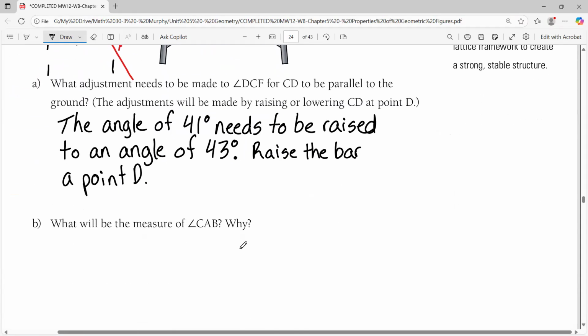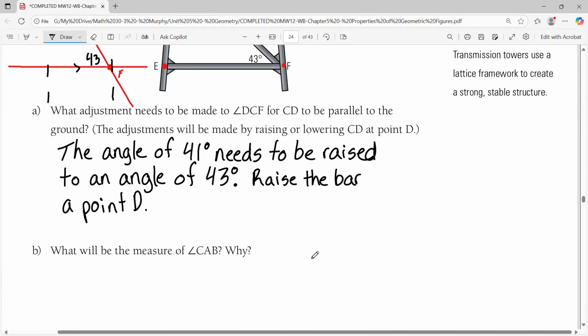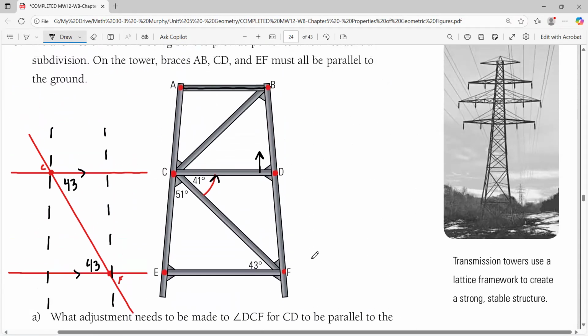Okay, what will be the measure of angle CAB and Y? So CAB, if we trace from C to A to B, that's this one. And the question is, what is that angle? Now, that angle should be the same as this one, from here all the way to there.